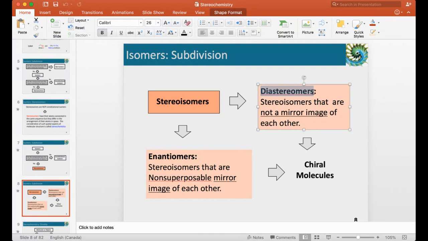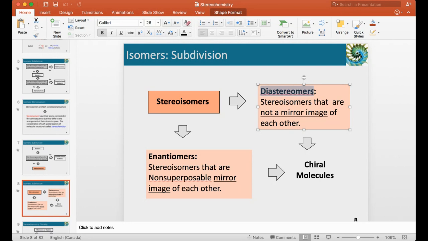So if you have two molecules with the same connection, same molecular formula, they are not a mirror image of one another, so we can classify them as diastereomers. On the other hand, if you have two compounds which are stereoisomers, but in addition to that, they are non-superposable mirror images of one another, we can classify them as enantiomers.